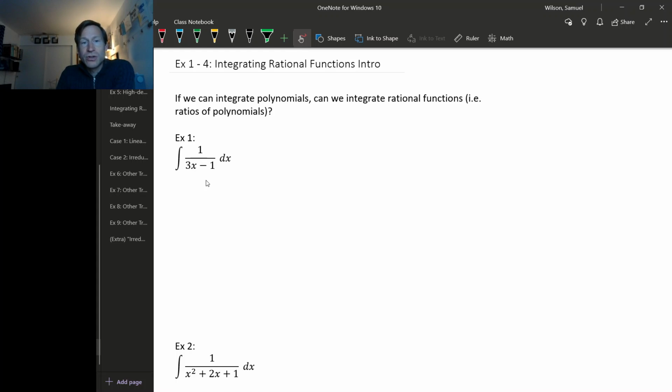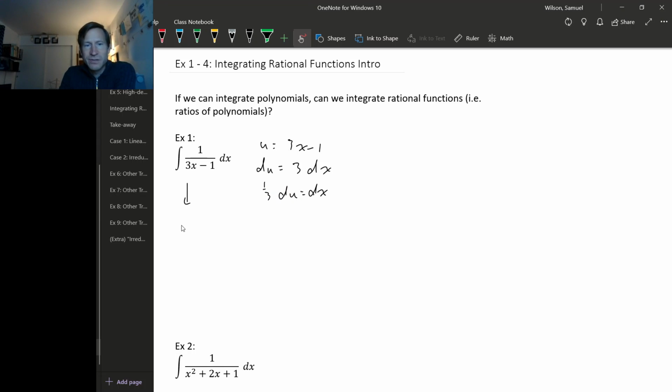For example, the integral of 1 over 3x minus 1, this is sort of a clear case for using a u substitution. We can do u equals 3x minus 1, and then du is 3dx. That means 1/3 du is dx.